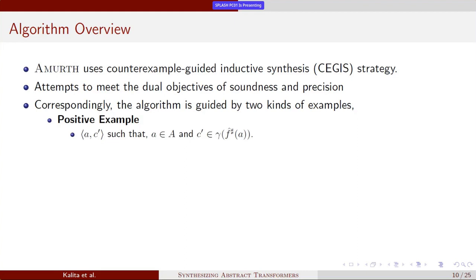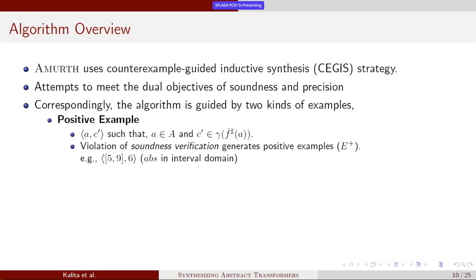The first one is the positive example. What do we mean by a positive example? We say (A, C prime). This is a tuple of an abstract value A, and C prime, a post value after applying the function f, such that A is an abstract value and C prime is included in the best abstract transformer, F sharp hat.